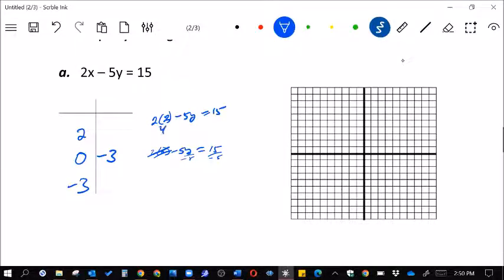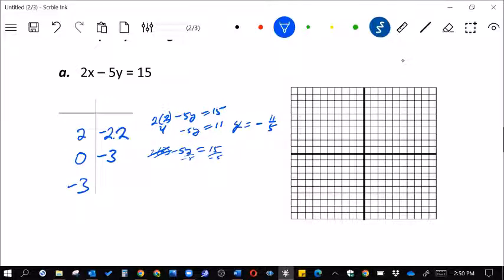That's 4. If I subtract 4, I get negative 5y equals 11. Y is equal to negative 11 over 5. A difficult one. Let's see what that would be. 5 goes into 10 twice and 1 left over, so that's 2.2, and it's a negative 2.2.